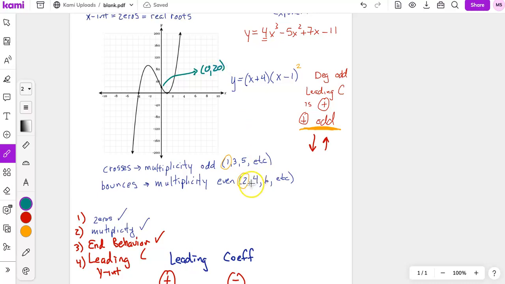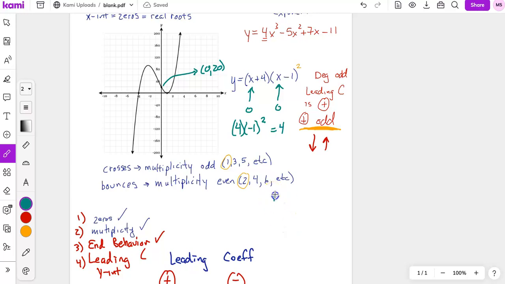Okay, so what I'm going to do is plug 0 into my function that I wrote every time I see an x. And I'm going to see what the y-intercept of my graph actually is. So if I plug 0 in for x in my function, I get 4 times -1 squared, which is 4.